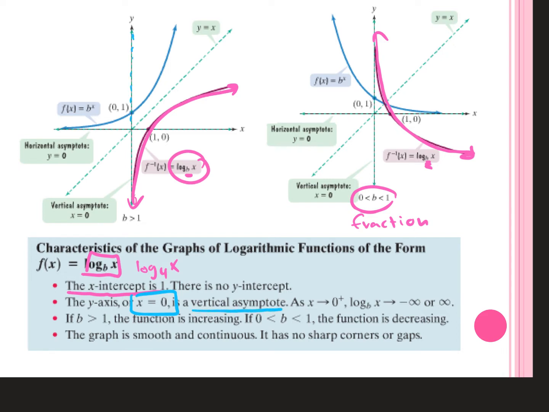So this is our vertical asymptote where x is 0. If b is greater than 1, then the function's increasing, just like this one, it's increasing. When b is a fraction, it's decreasing, so this one is decreasing. And the graph is smooth and continuous. It has no sharp corners or gaps. So it's a function. All of our functions are smooth, continuous, and have no sharp corners.